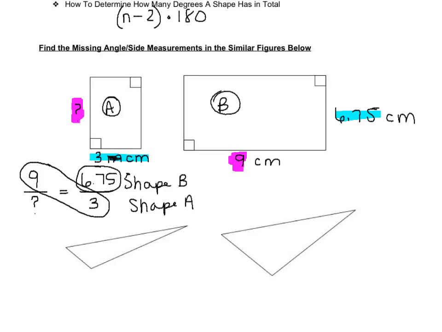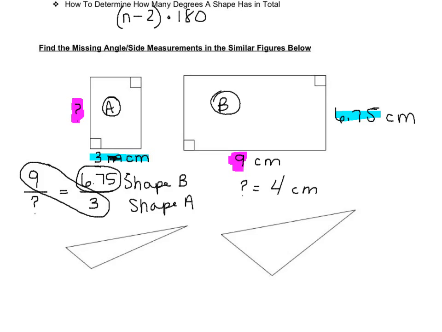So we would have 9 times 3, which is 27, and we would divide that by 6.75. That means that my question mark is worth 4, and I need to add a label. So my unknown side is 4 centimeters. And that's solving a proportion.